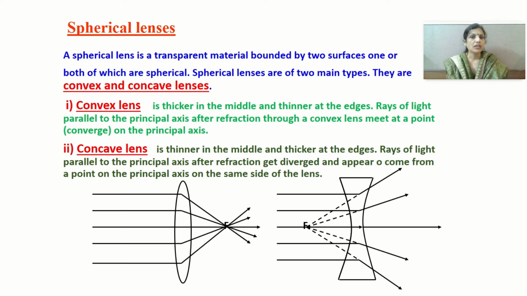But imagine that the rays of light are falling from the other side, from right to left, on the lens. In that case, the focus will be on the other side of the lens. Meaning is that every lens has two foci, two radii of curvature and two centers of curvature.